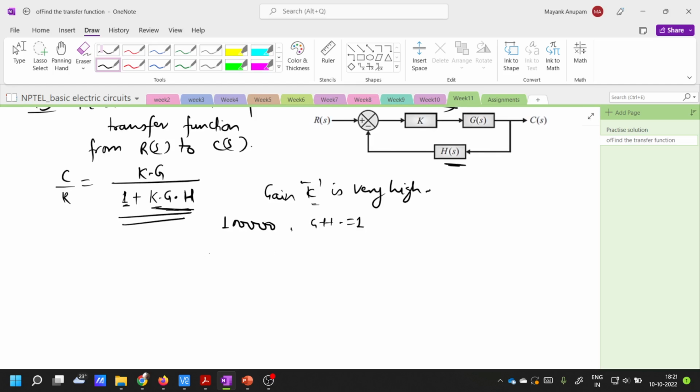Then you will have 1 plus 1 lakh, which is 1 lakh 1. This is as good as nothing. If you add 1 to 1 lakh, you will not be adding much. 1 lakh and 1 lakh 1 are very close to each other, so if you ignore the 1, you will not be incurring much error.